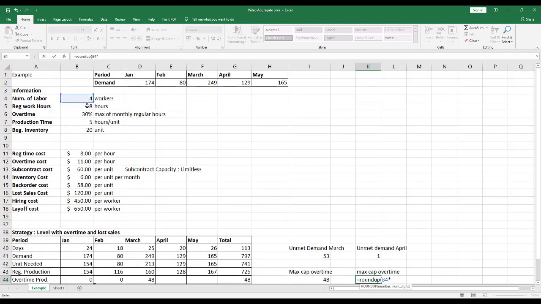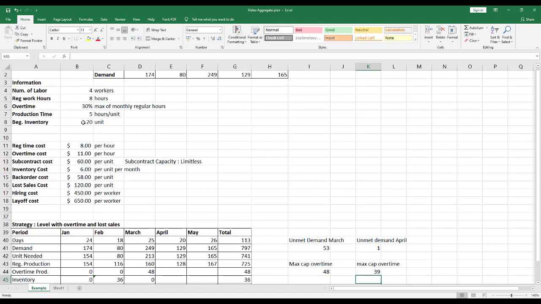4 times 8 times 30% times the number of working days in April divided by production time for 1 unit and 0.